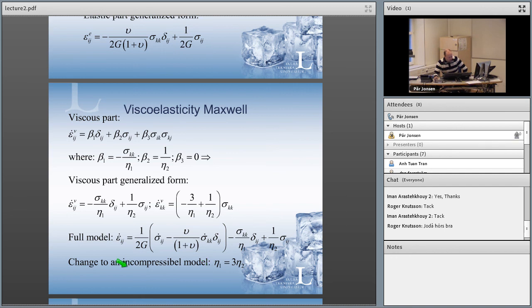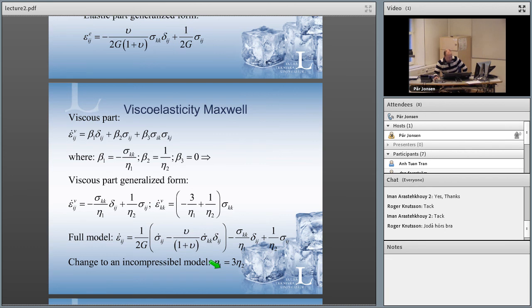And the full one, when you put together the elastic and the viscous part, will look like this. One thing that can be interesting to have in the model is incompressibility, especially when you work with steel and so on, and rubber is another one. Then you have to put the eta 1 and eta 3 in this. It looks like this. It should be 3 times 2 eta 2.